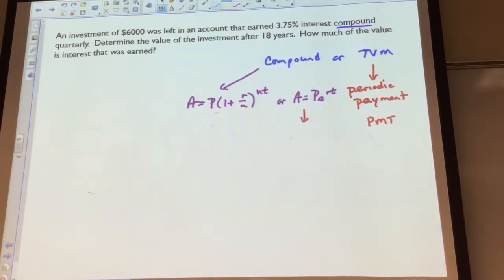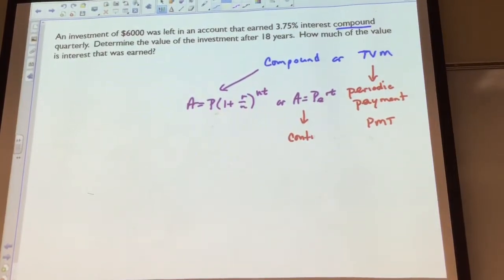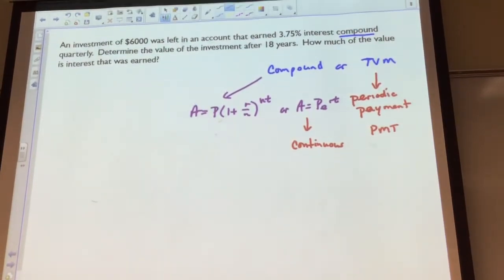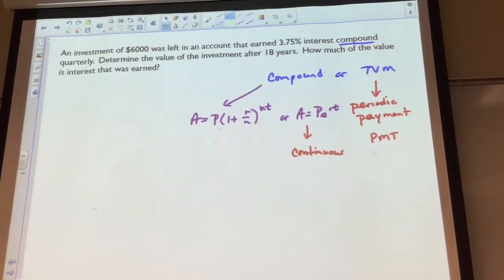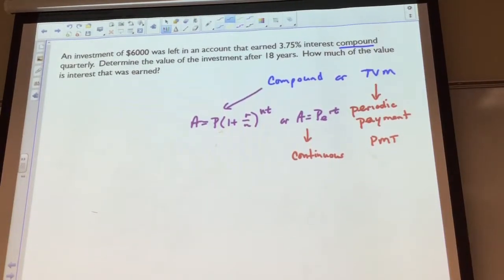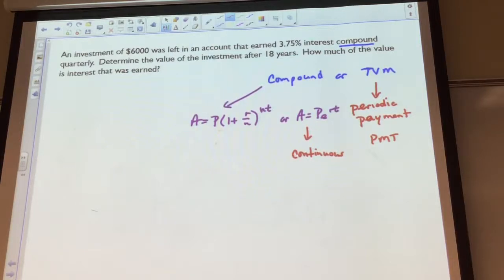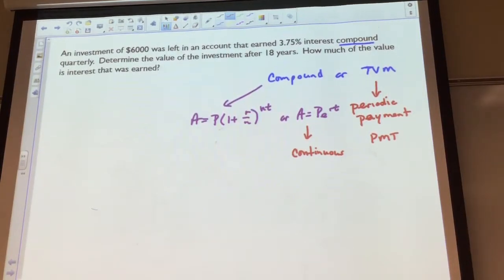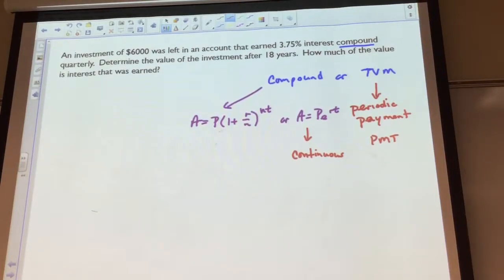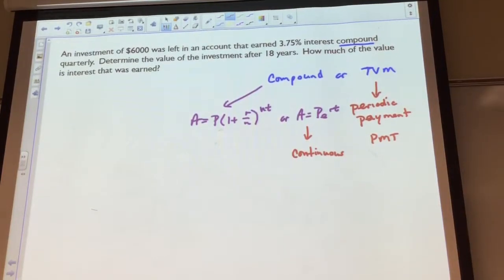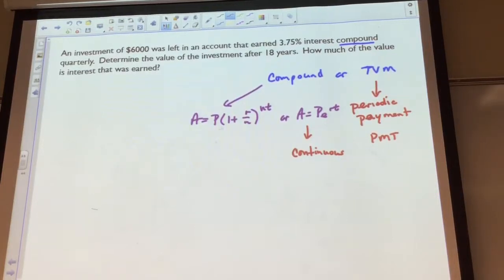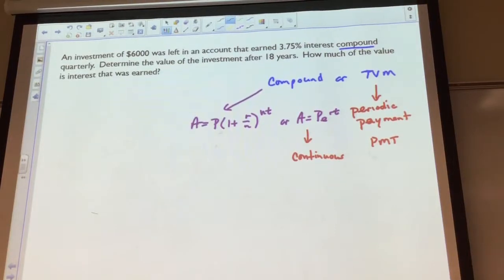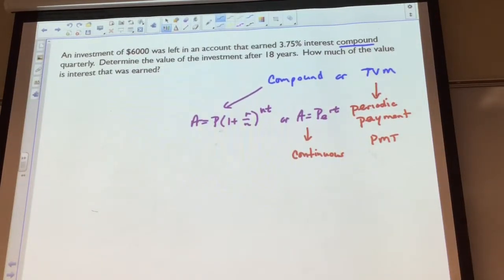So if you again don't see the word continuous, then you've limited the number of choices you have in the problem. Ask the simple questions to help avoid you doing ugly work that's not going to be beneficial. So what don't I see in that problem? I don't see compounded continuously. So I know that my formulas have been limited to using this.